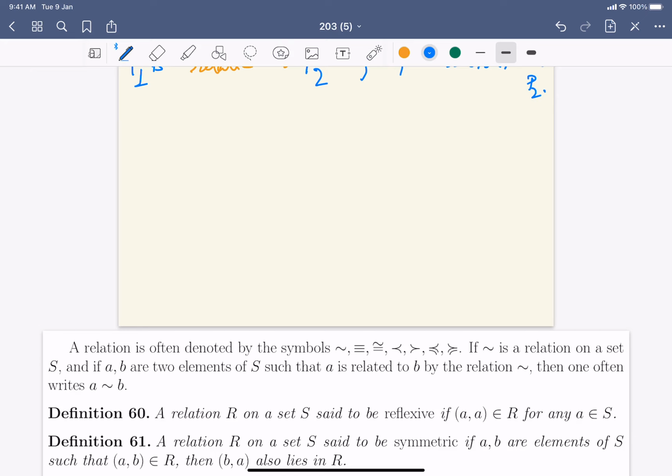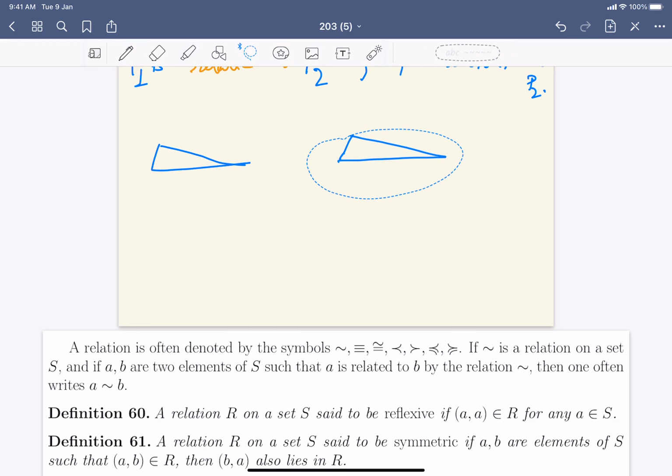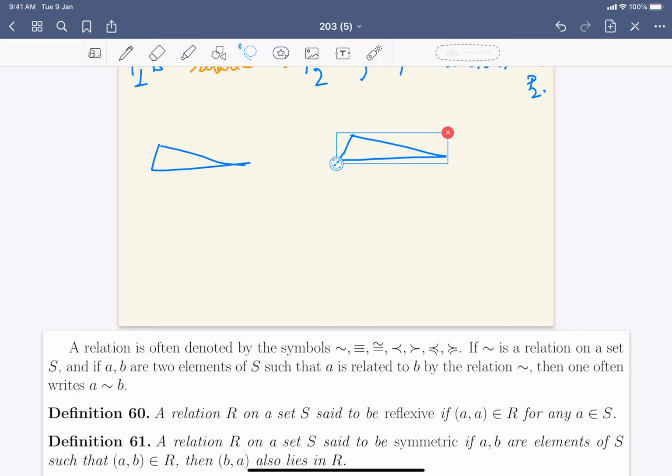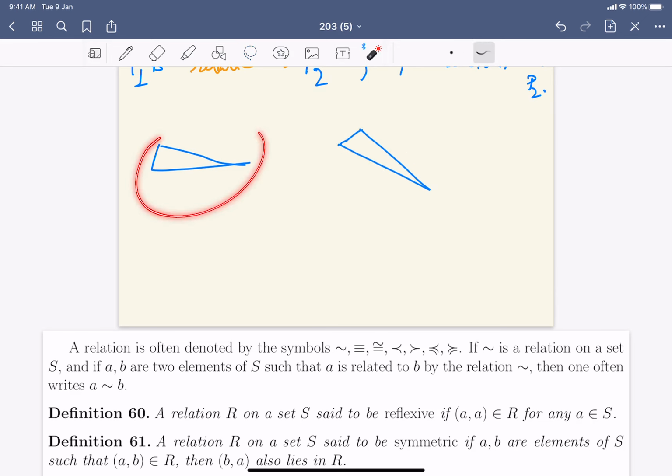Anyway, so for example, this triangle, one can relate this to triangles.